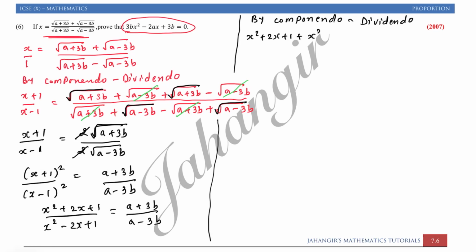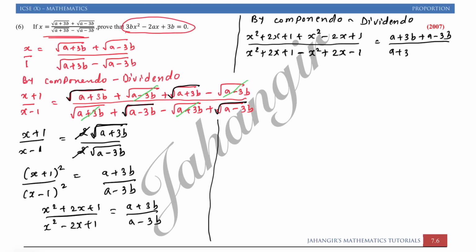Without bracket, I will just write x square minus 2x plus 1, x square plus 2x plus 1. Here if I am taking minus, then I have to change sign. That is equal to a plus 3b plus a minus 3b whole upon a plus 3b minus a plus 3b.